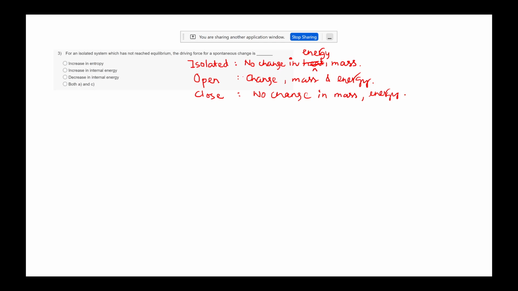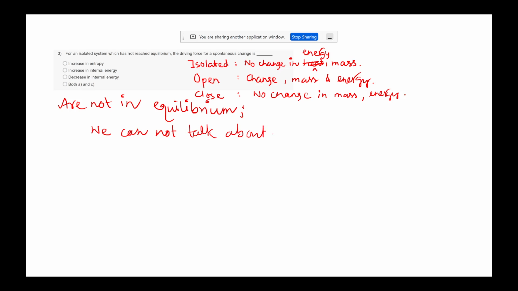Now, one thing you should know, that when these things are not in equilibrium, we actually cannot talk about internal energy change for sure.